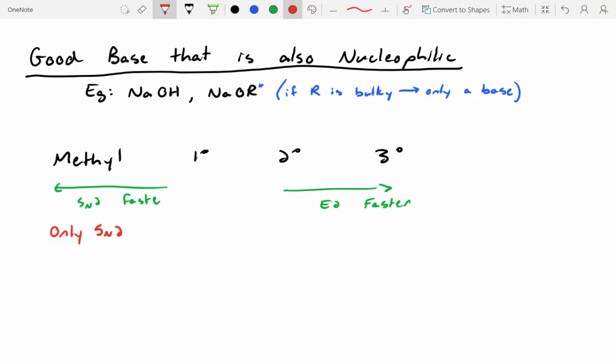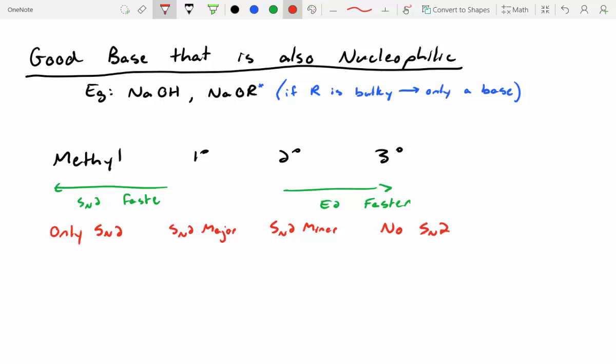Let me move this over a little bit. Once we go to secondary carbons, we know SN2 is a little less likely because that backside attack is going to be pretty darn blocked. So we'll do SN2 minor. And then tertiary carbons we know can't do any SN2, so we'll write no SN2. Okay, so we're kind of seeing this trend where methyl only does SN2, primary is major, secondary is minor, and then tertiary we get none at all.